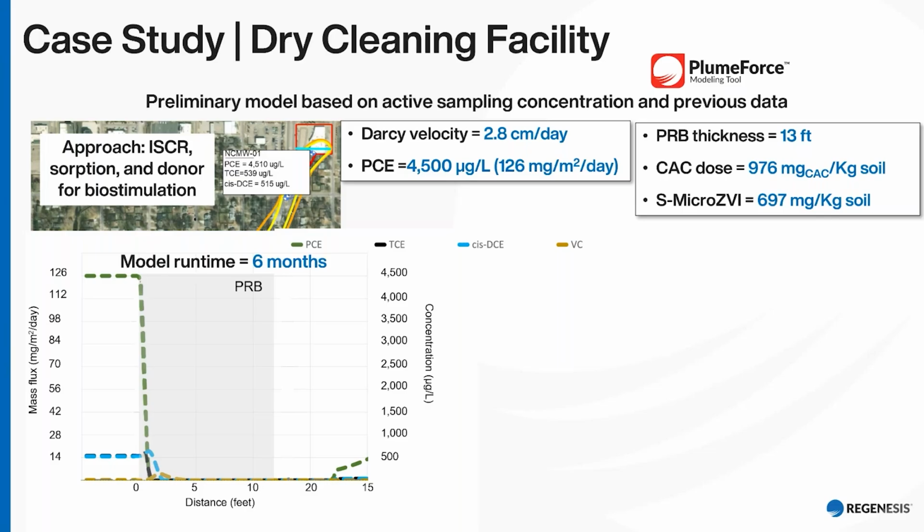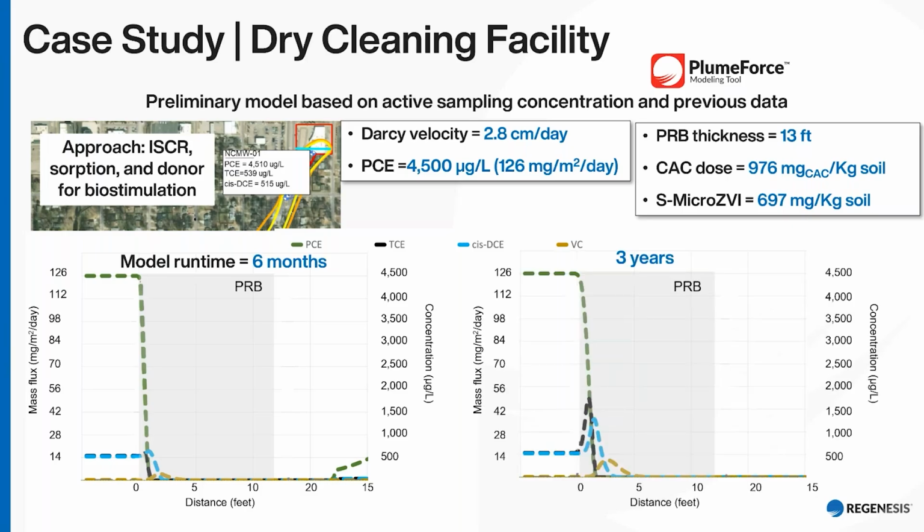On the bottom x-axis you'll see the distance, with 0 being the start of the emplacement of the barrier, going up to 13 feet, the estimated thickness. What you see in green is the PCE. There is a decrease, since S-microCVI is in charge of the reduction of PCE. Therefore, there is slow or negligible regeneration of byproducts.